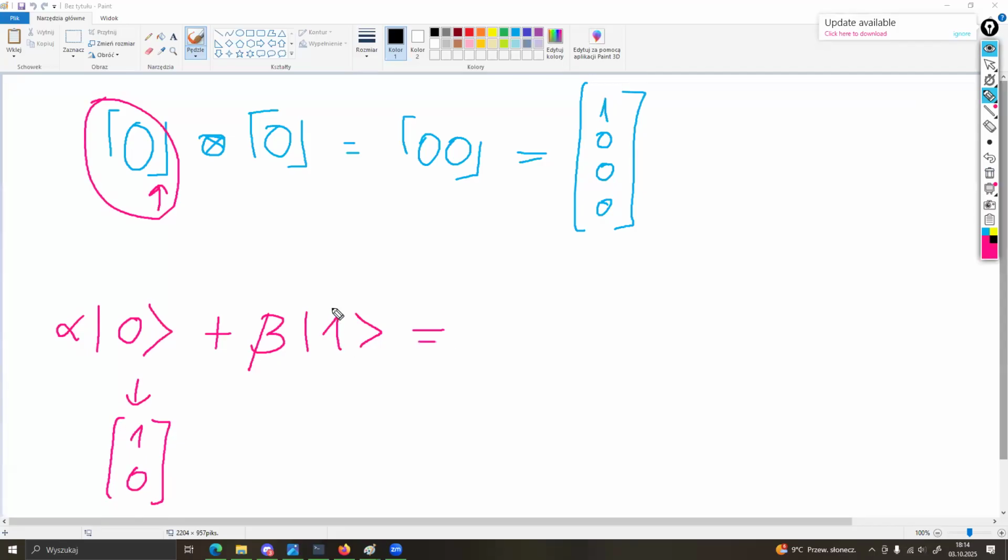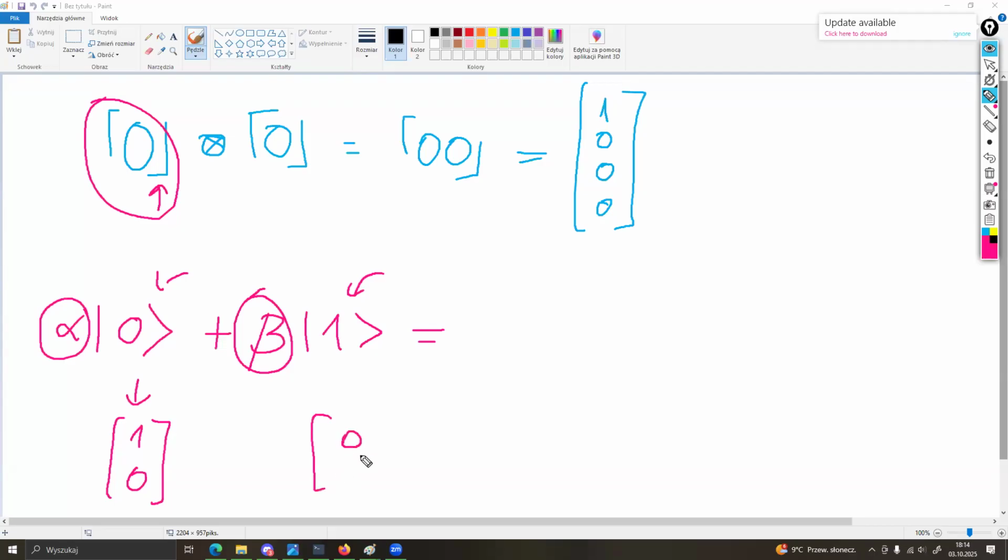We also have our regular notation with the linear combination of two different states, right? So we have some chance alpha of our now qubit being in a state 0, or we have some chance beta that our qubit is 1.